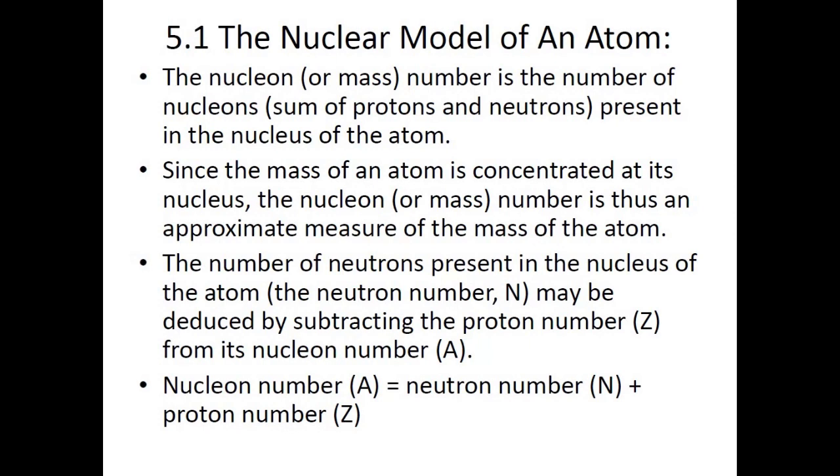The number of neutrons present in the nucleus, denoted by N, may be deduced by subtracting the proton number from its nucleon number, that is denoted by A. The formula is given as nucleon number equals the neutron number plus the proton number, which is usually denoted by Z.